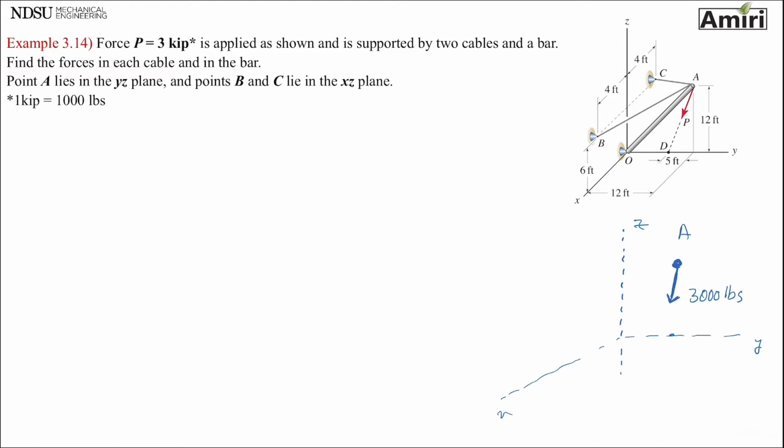What else? I have a cable AC. So now I go back to my reactive forces. So I have force AC. Can I just say AC? Well, no, let's just write force AC, so I don't want anybody to get confused. I have force AB.